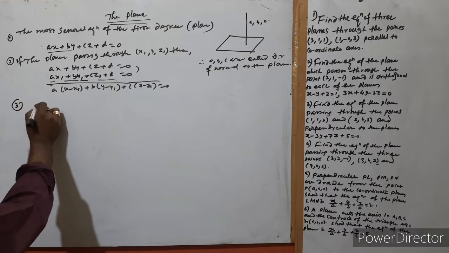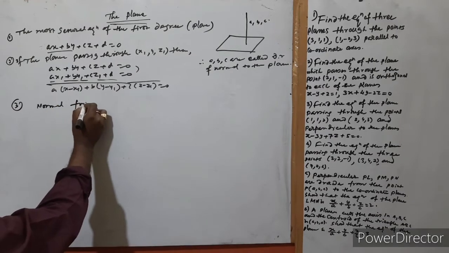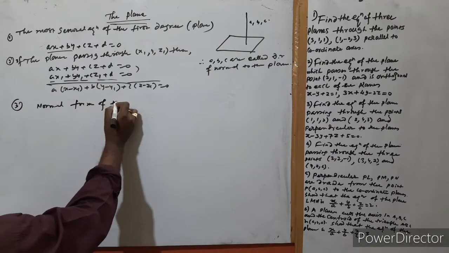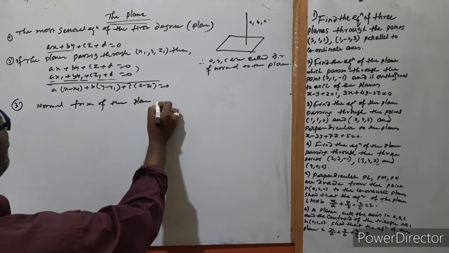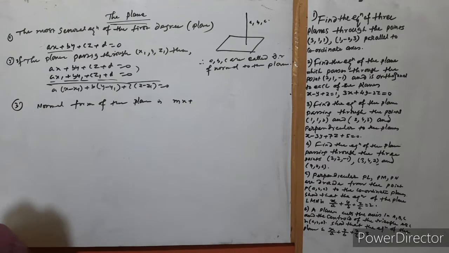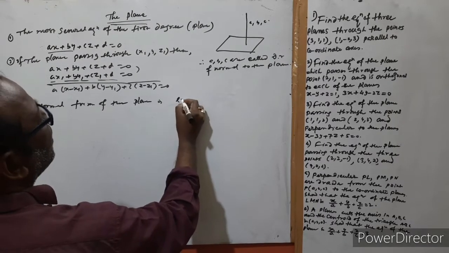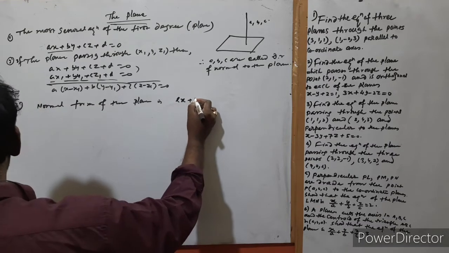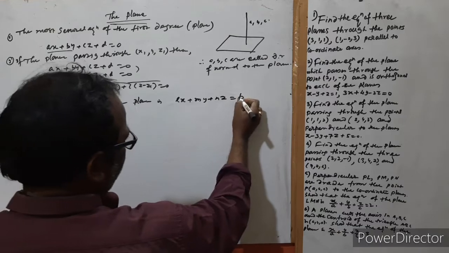Third is the normal form of the plane, which is lx plus my plus nz is equal to p.